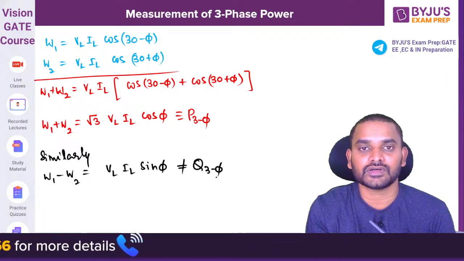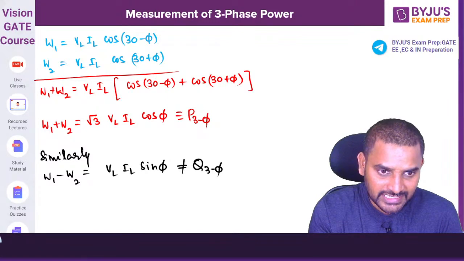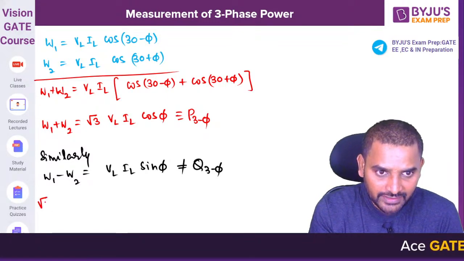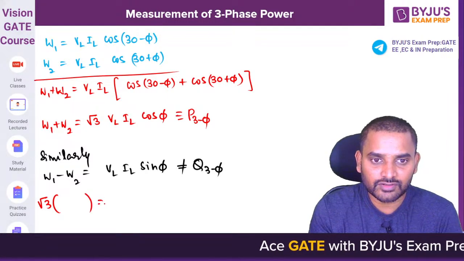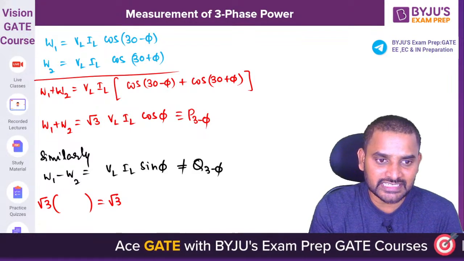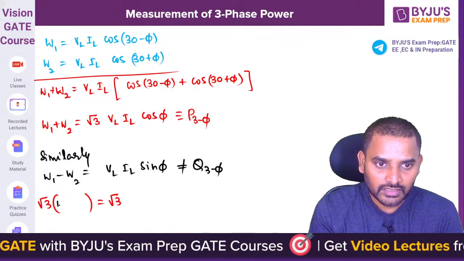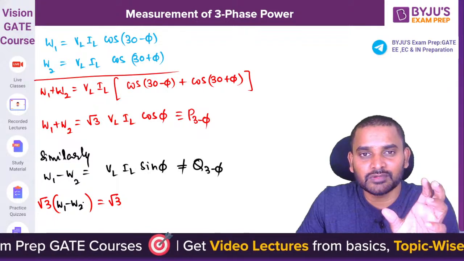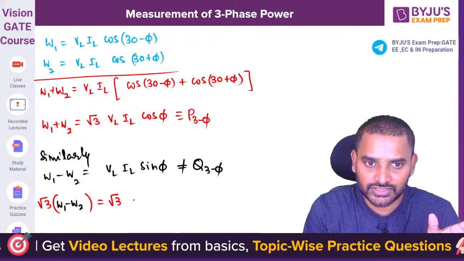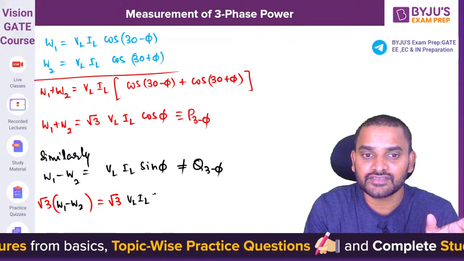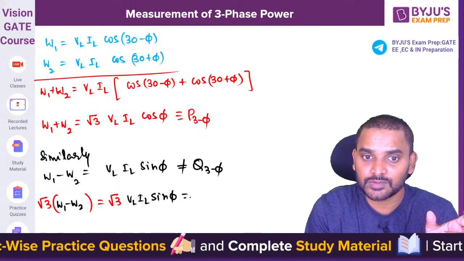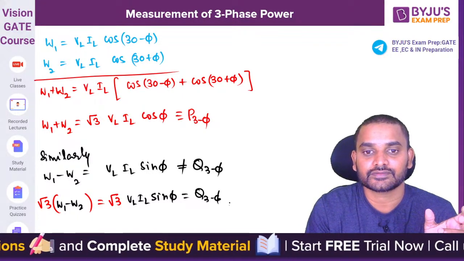When will you call it reactive power? If you multiply with root 3, then that is a reactive power. W1 minus W2 multiplied with root 3 is root 3 VL IL sin phi, the reactive power consumption by the three-phase load.